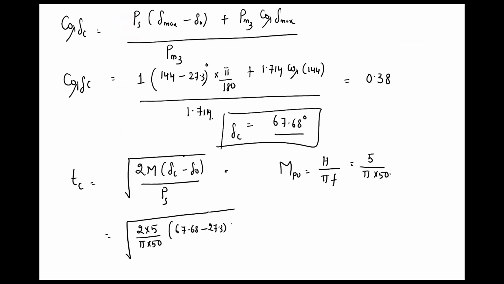Again, you have to convert this into radians into pi divided by 180, whole divided by shaft power is 1. All values should be in per unit. So pi cancels. So you are going to get 10.